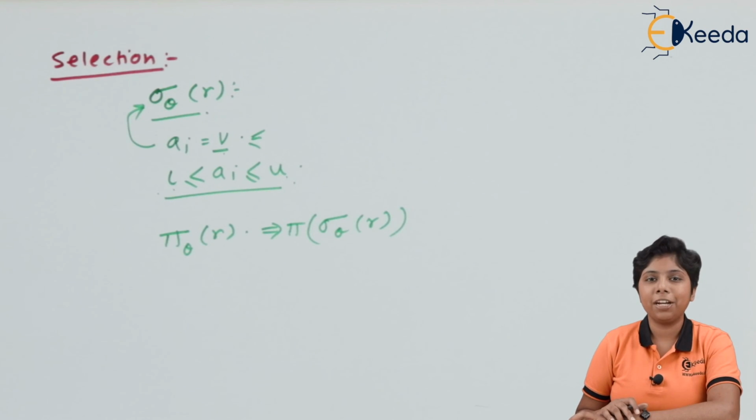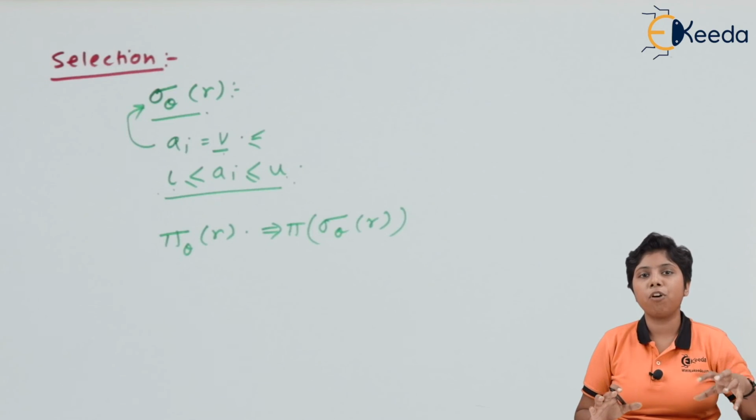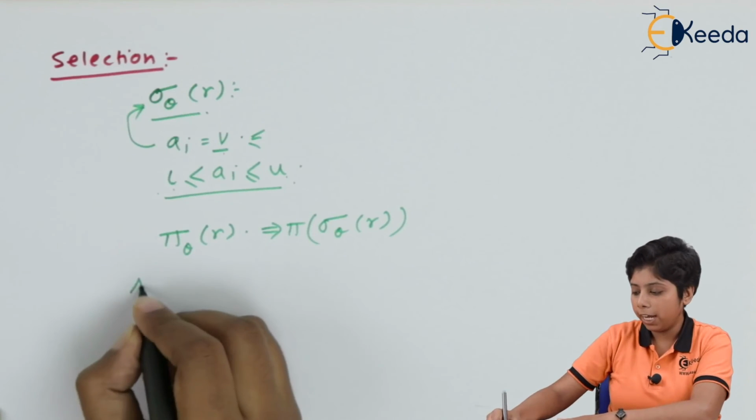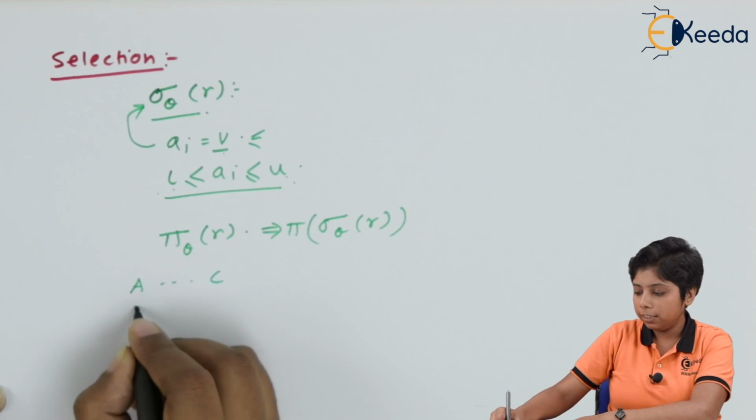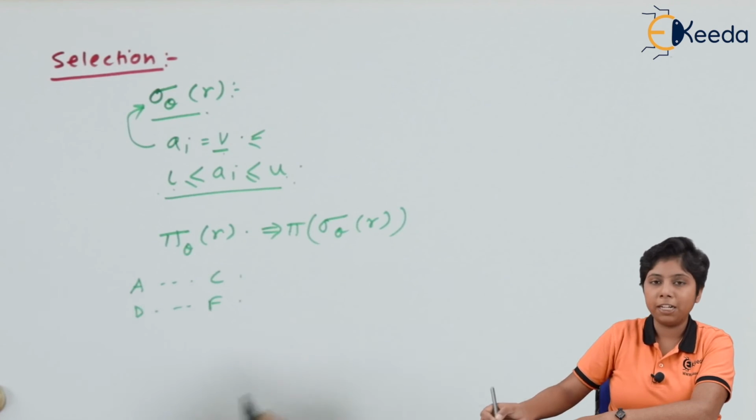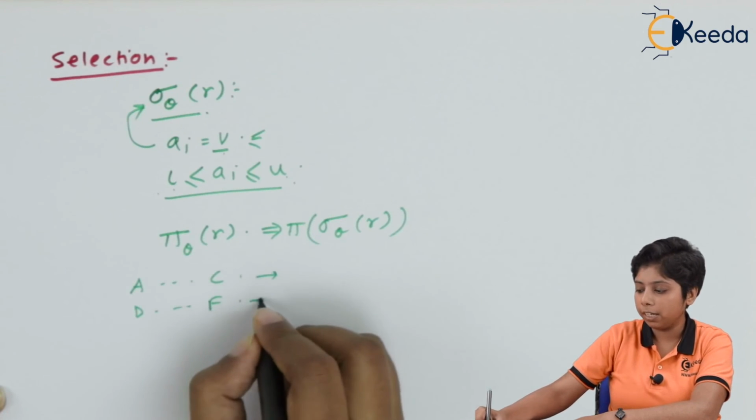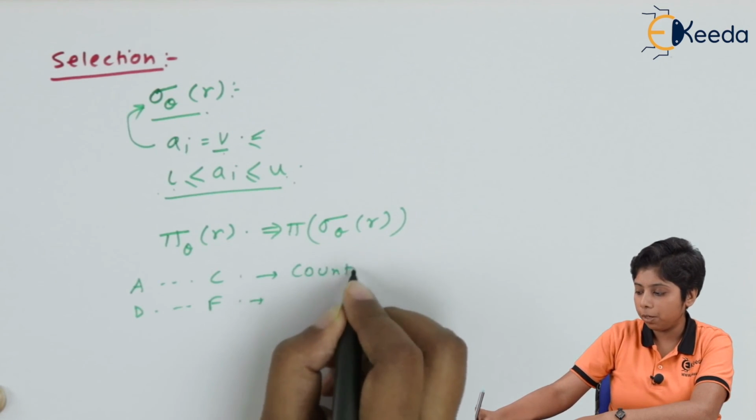The next is the aggregation operation. Well, it is extremely difficult to handle the aggregation operation in an intra operation, because we can perform the partition, say for A to C, D to F, and then every aggregation, say the count operation, we are performing.